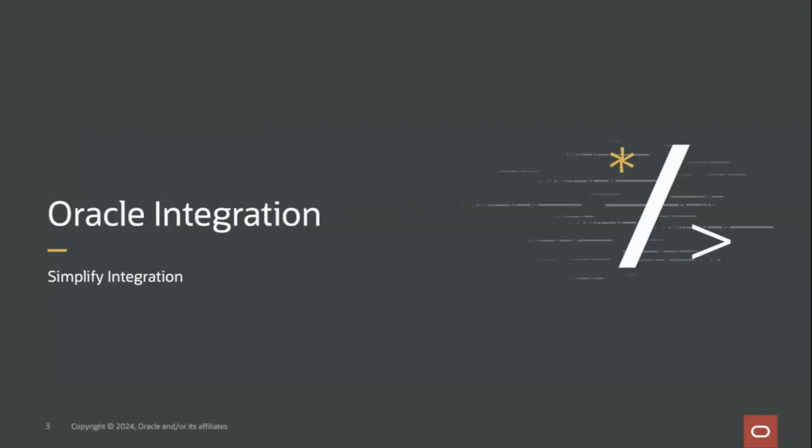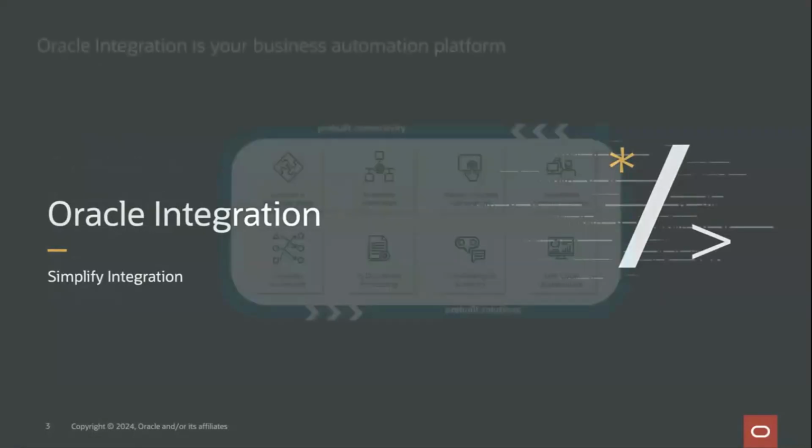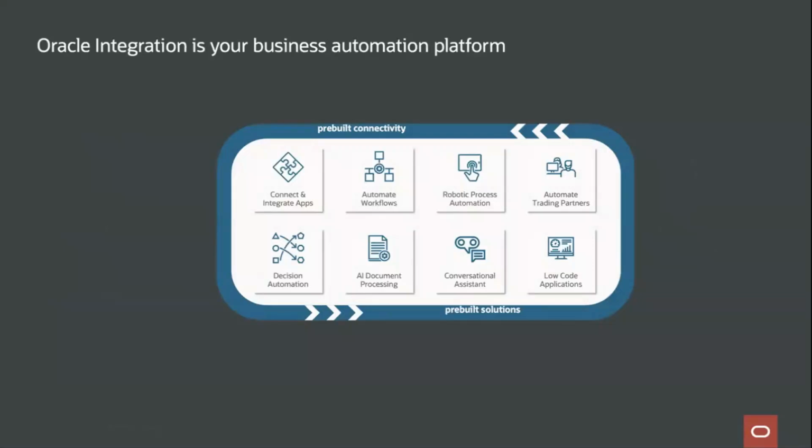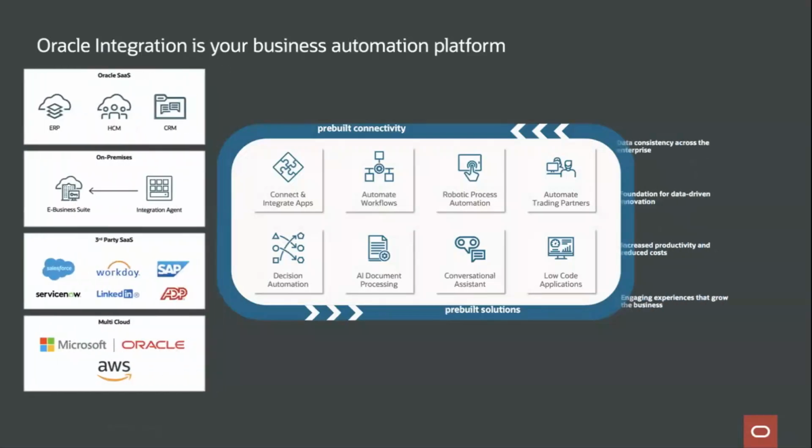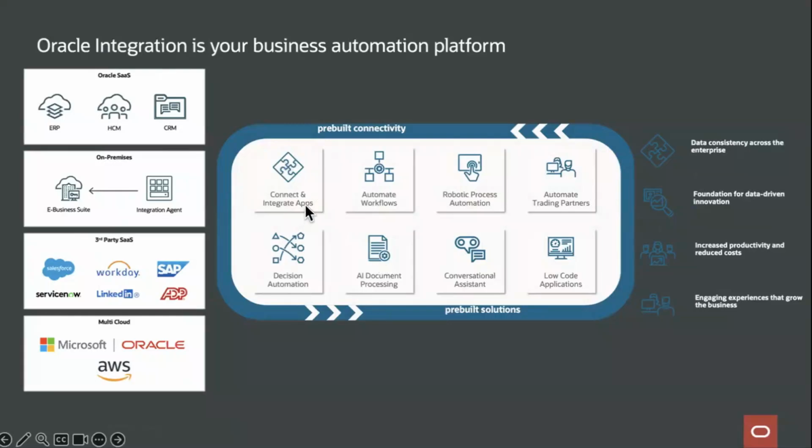So let's start, right? In terms of Oracle Integration, it is a pure PaaS offering from Oracle, a business automation platform. In terms of capabilities, the heart of the tool is to connect and integrate to applications. So we have lots and lots of adapters, I think it's 100 plus now, which you can use to connect to not only Oracle products, but also third-party non-Oracle products.